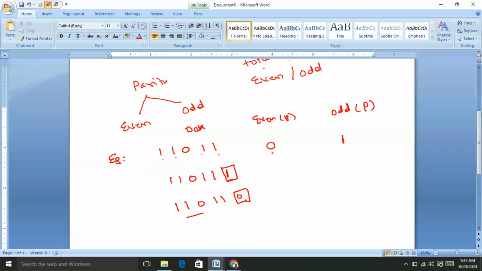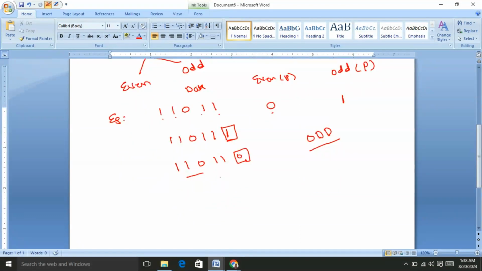Generally, when we use parity, we always try to use the odd parity. Why? Because suppose we transfer data consisting of all zeros.